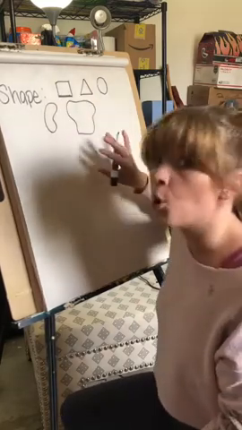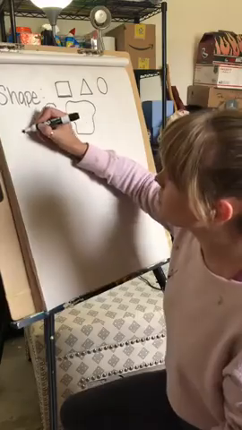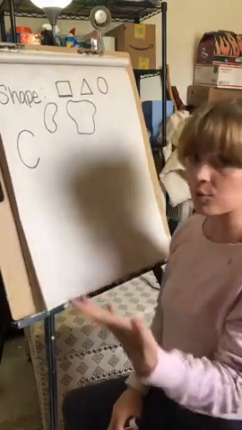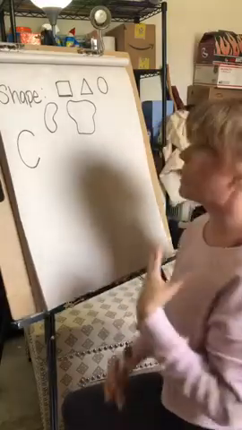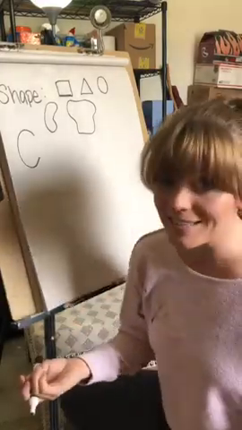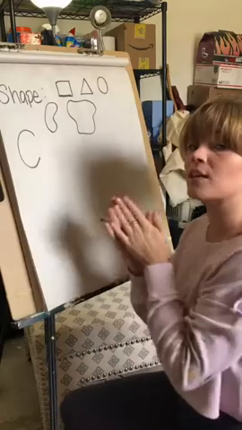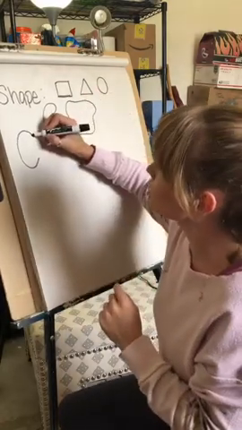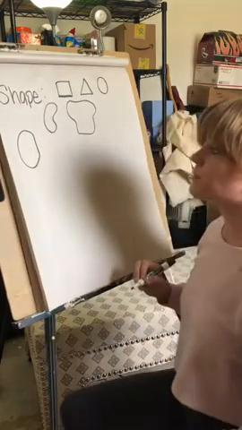They're not open. So if I had just that, that would not be a shape. That would be an arched line. Maybe you turn it into something else, but that by itself is not a shape until you close it. All of these are closed, so our shapes have to be closed.